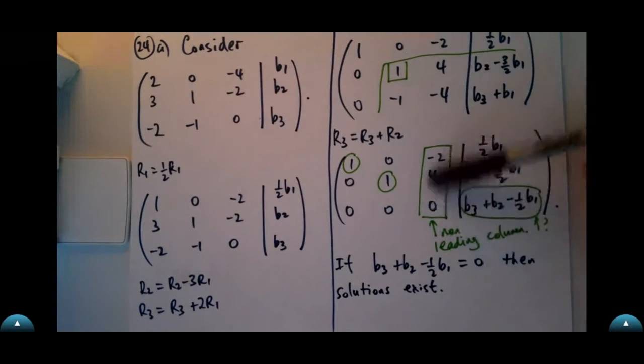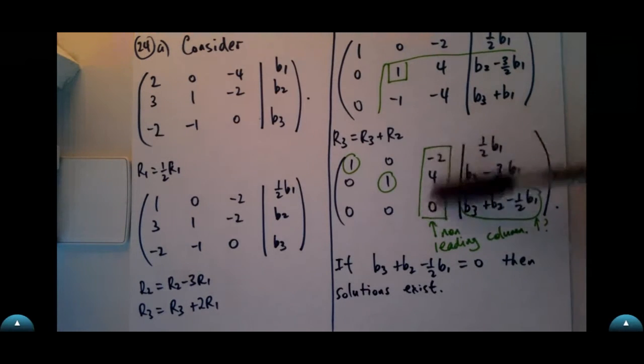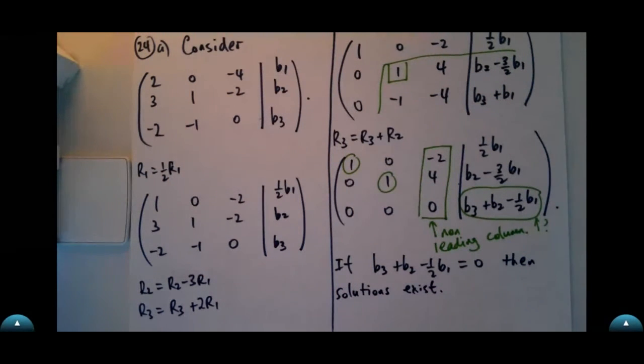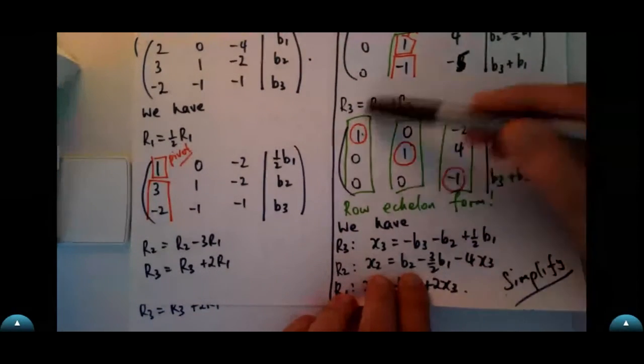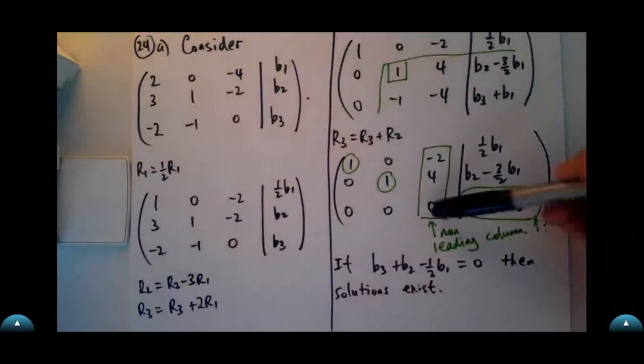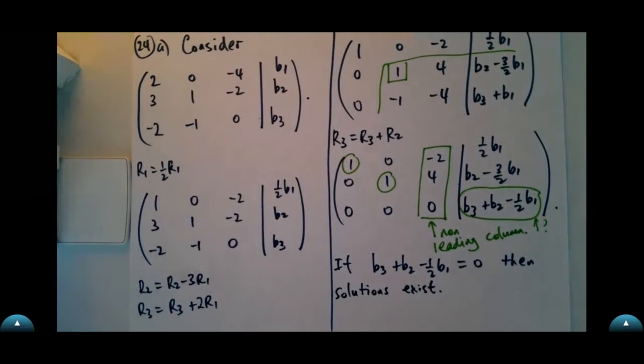And because we have a left-hand column that's non-leading, you would expect that there will be an infinite number of solutions, right? There won't just be one solution, like in the previous question. In the previous question, every one of these left-hand columns was leading. Not in this one. This would be your parameter. You'd sub it in and do all that.